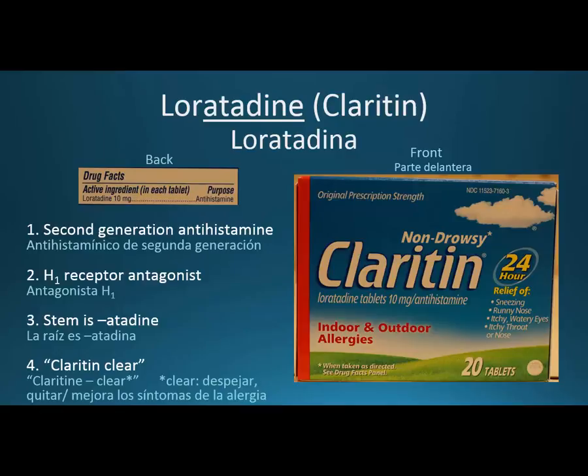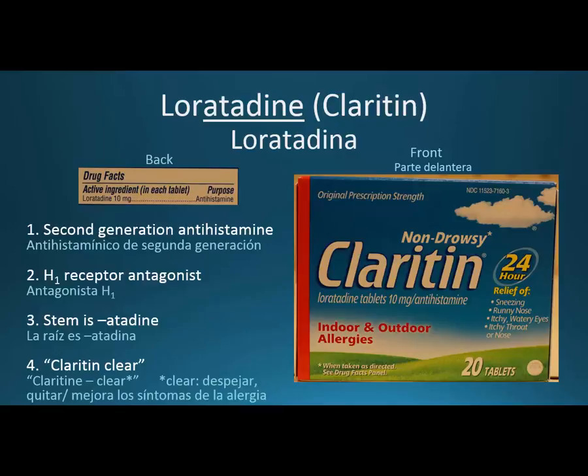And Claritin Clear, again, it just absolutely falls apart when it comes to changing it to a Spanish name. Maybe the word claro, but claro usually means like something is clear. Like you were telling me something and I understand what you want. So you've sent me to the pharmacy for Claritin and I brought you Claritin.